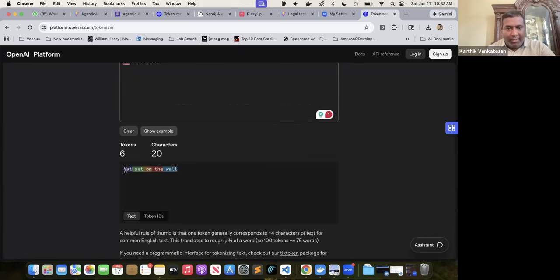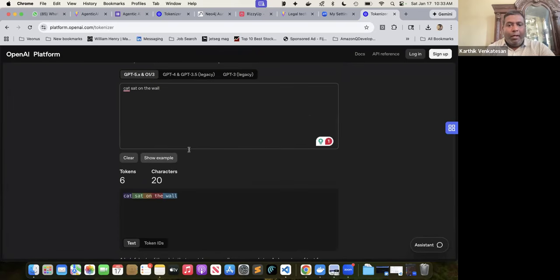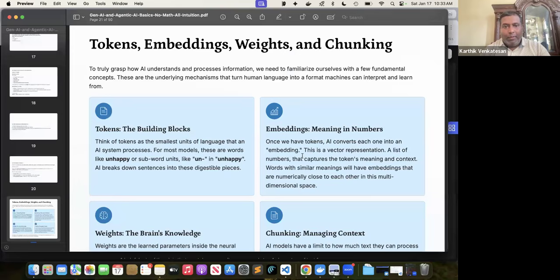But if you count all these characters, it may not be 20. The reason is it is counting the space as characters as well. And sometimes it may break a big word like unbelievable into multiple tokens: un as one token, believe as another token, able as another token.